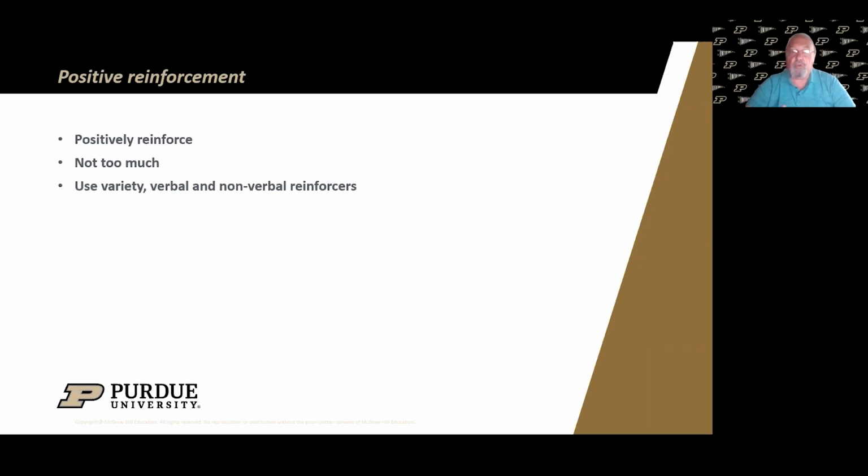So think about what your style is. What do you appreciate? Do you appreciate being told, nice job? And then if you don't hear anything, you're naturally going to think, well, maybe I could have done better. So you want to provide positive reinforcement, but think about the frequency of positive reinforcement.